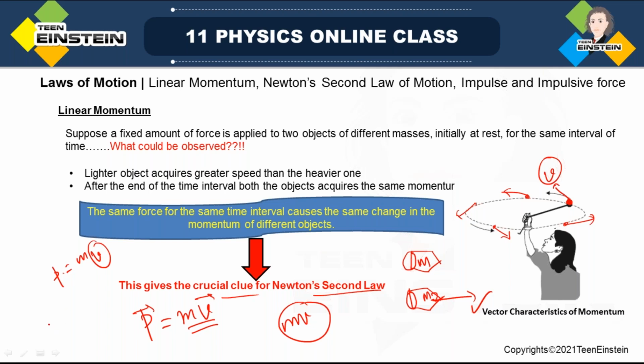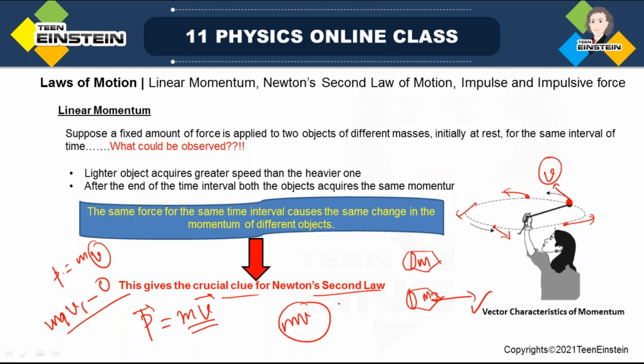Initially, if some object was in motion with velocity v1, and finally you want to make it stop, that means your final momentum will be 0.